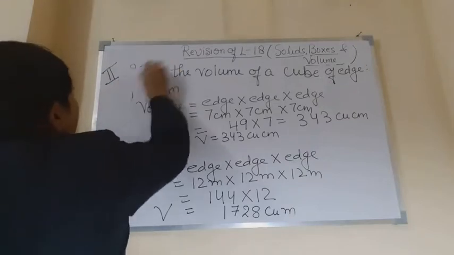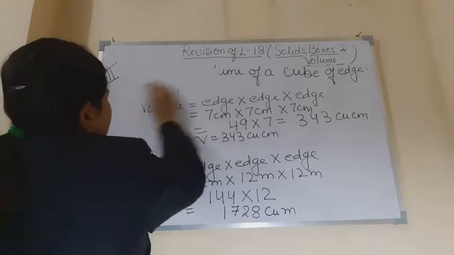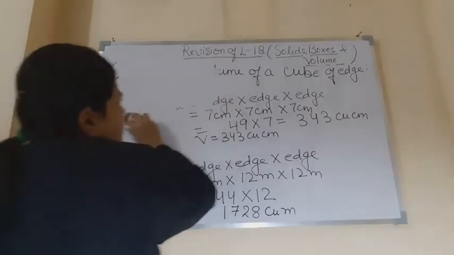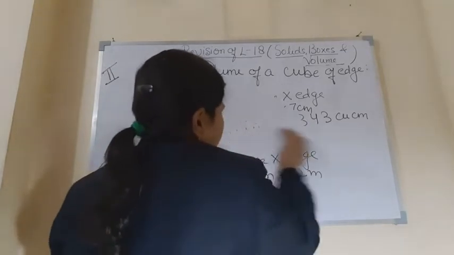Now children, let us do some of the word sums from this chapter. So the first word sum that we are going to do, I am going to read out the word sum for you.